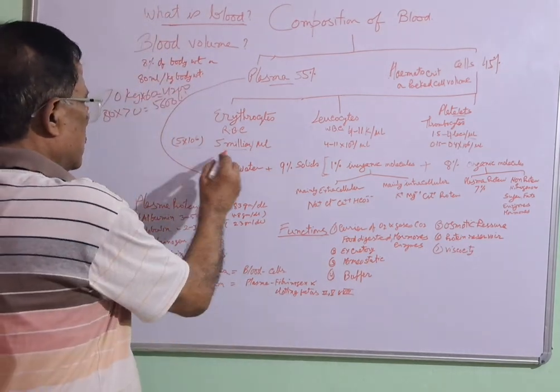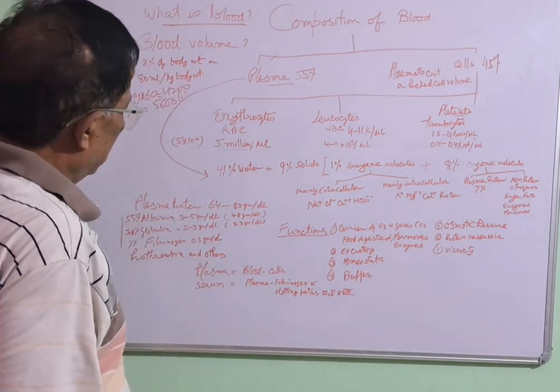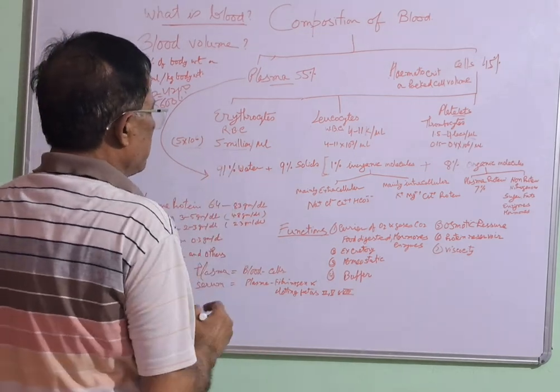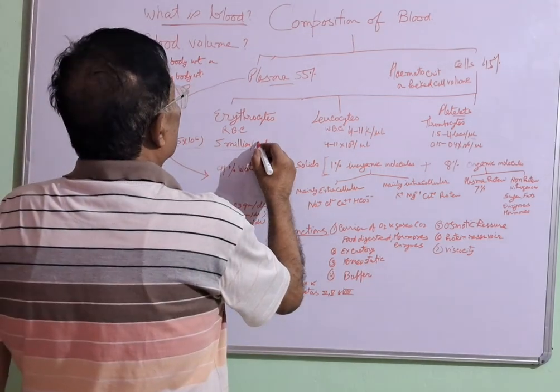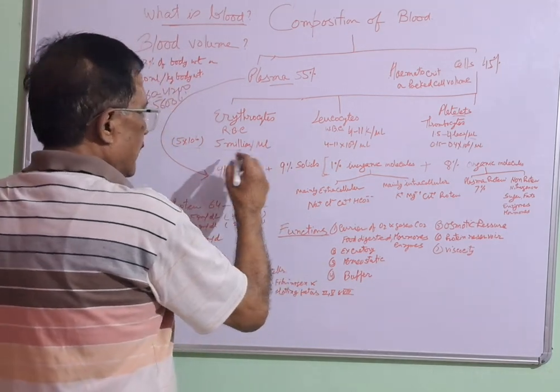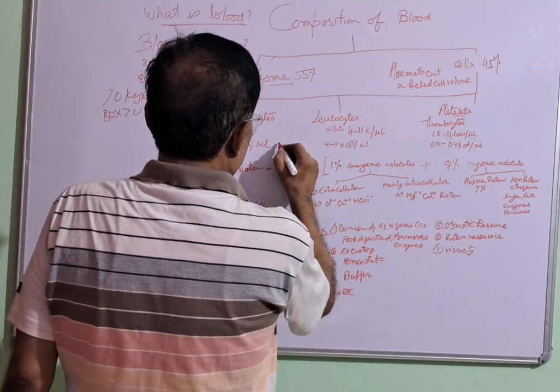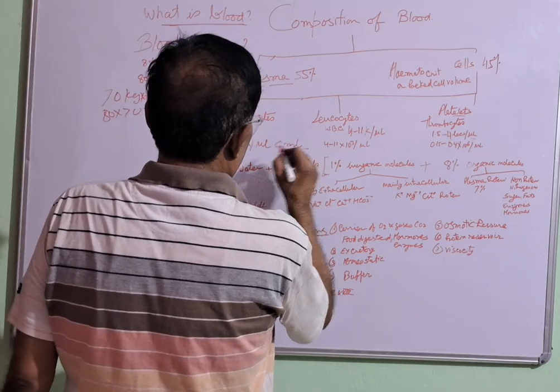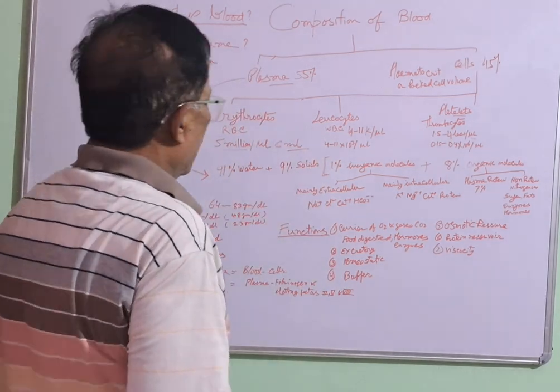Now, concentration of RBC. How much RBC is present? That is 5 million per cubic millimeter, or per microliter.